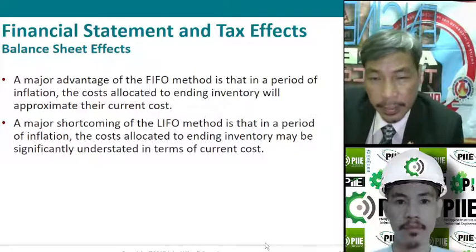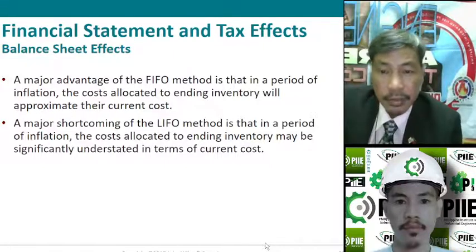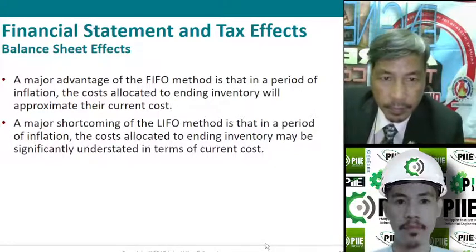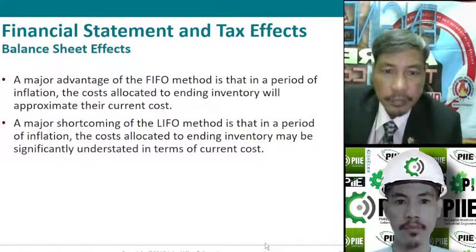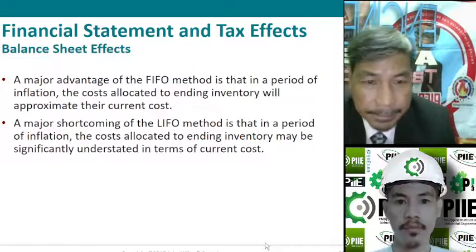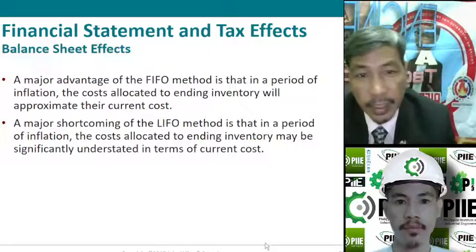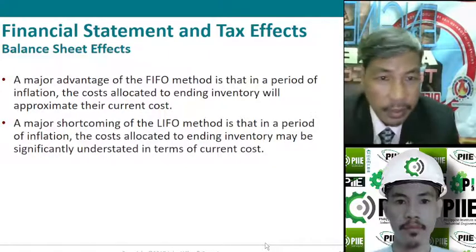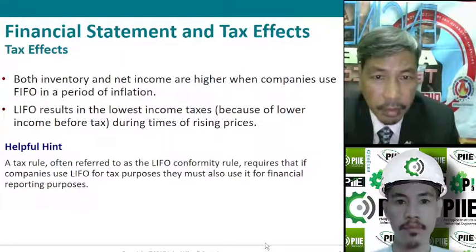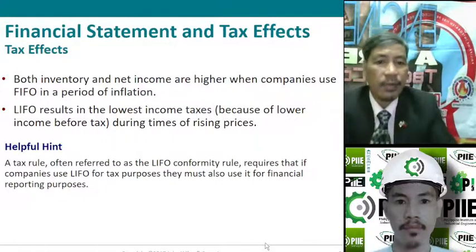Inflation meaning the price of materials go higher, no? So they have different advantages, no? LIFO, inventory may be significantly understated in terms of current cost. And the FIFO, inventory will approximate their current cost. Okay? So both inventory and net income are higher when companies use FIFO in a period of inflation.